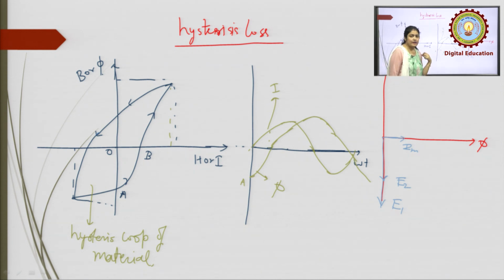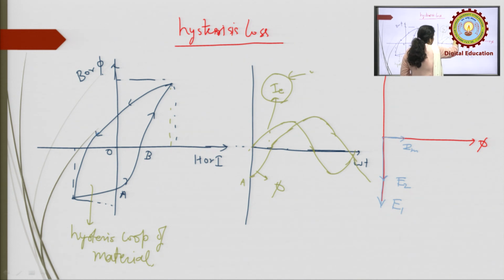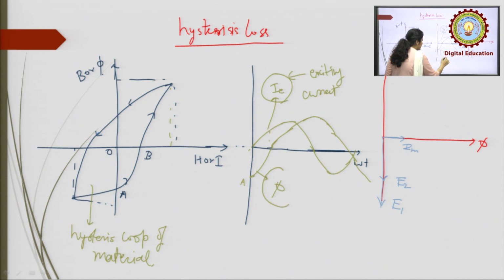From this you can conclude that the magnetizing current, or the exciting current IE, is leading with the flux phi. And why is this IE leading? Because of the presence of the hysteresis loop.